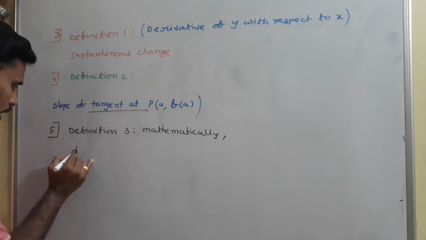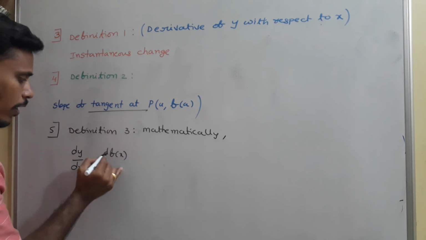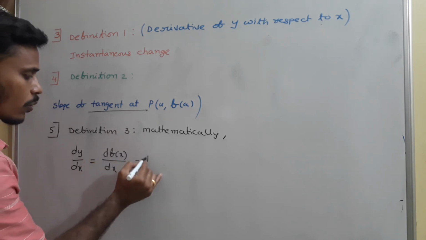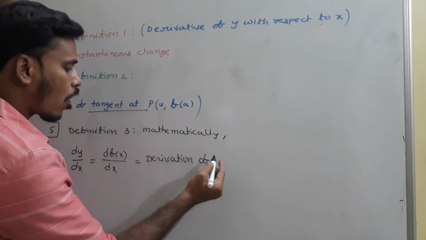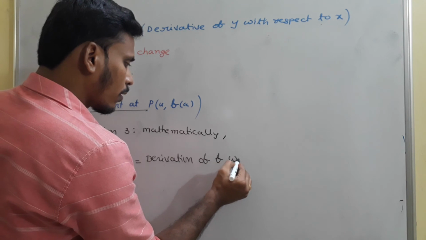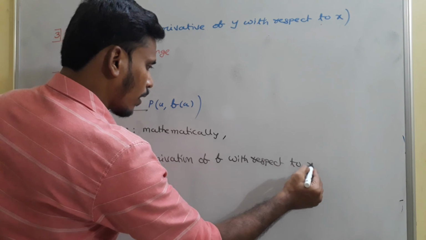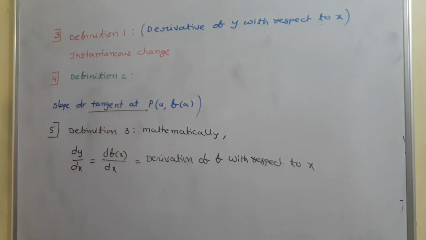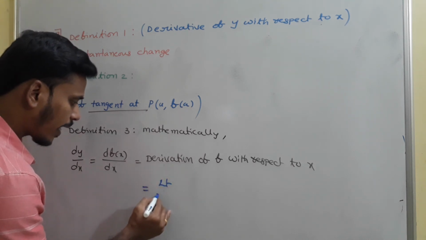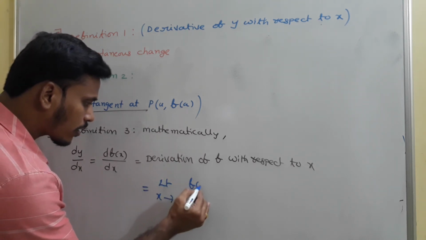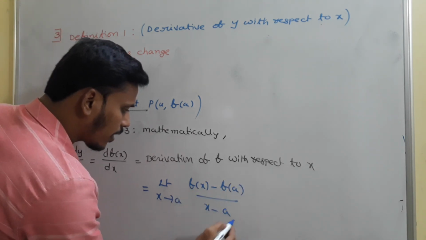Mathematically, dy by dx is equal to d f of x by dx, the derivative of f or y with respect to x, is equal to limit x tends to a of f of x minus f of a divided by x minus a.